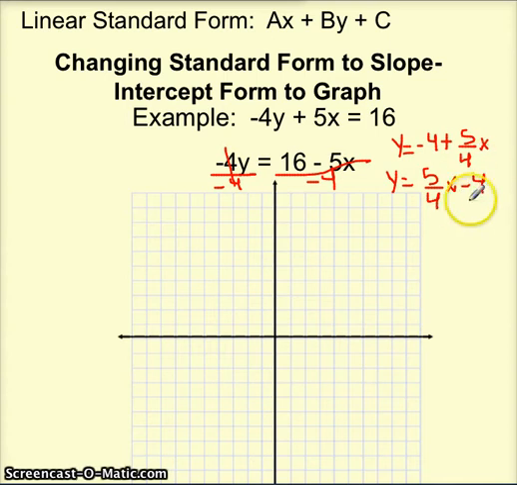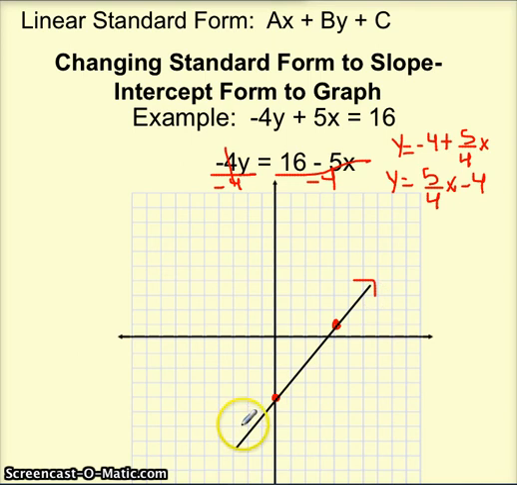Now it's time to graph. My y-intercept is down at 4. And my slope is positive, so I go up 5 and over run positive 4. This time, since it's so spread out, 2 points is enough to draw a perfect line.